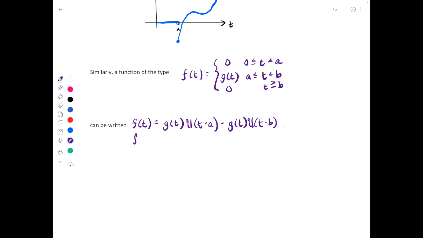So this would be equivalent to f at t is equal to, I factor out g at t, and I get times quantity u at t minus a minus u at t minus b.